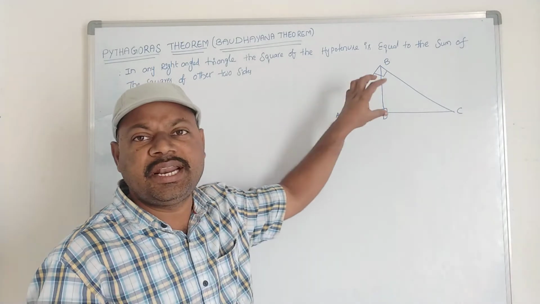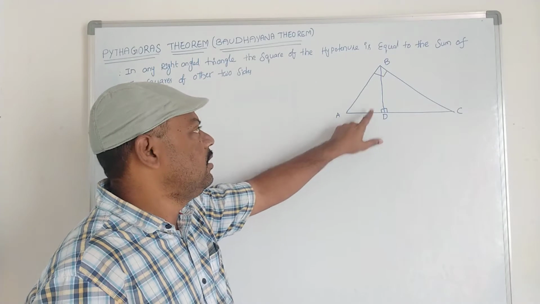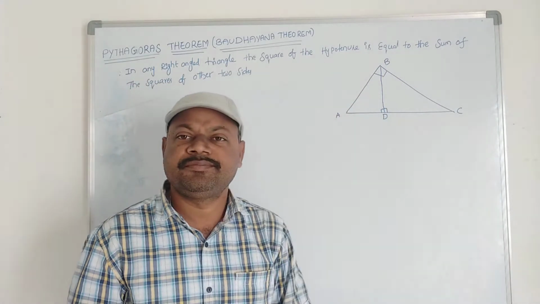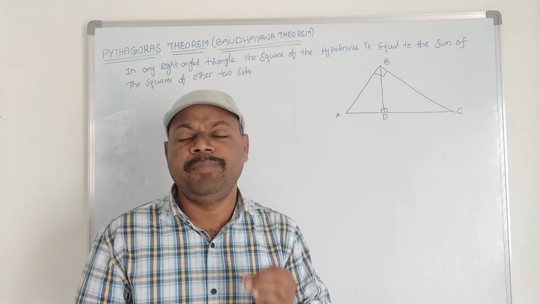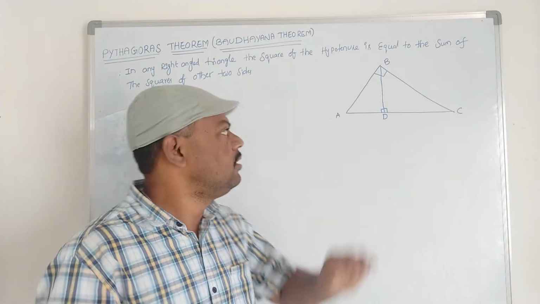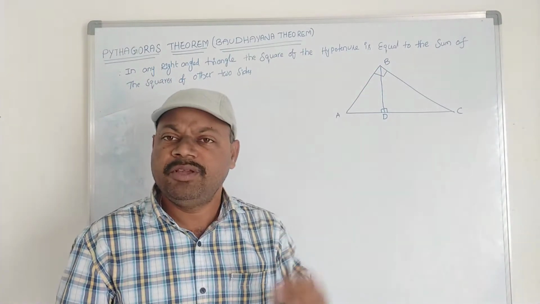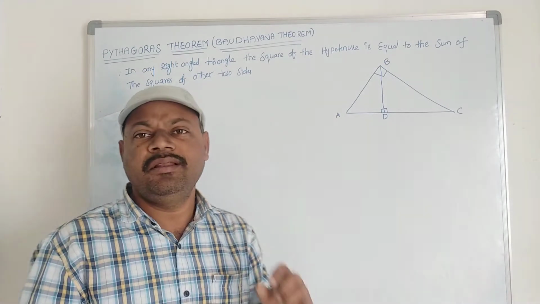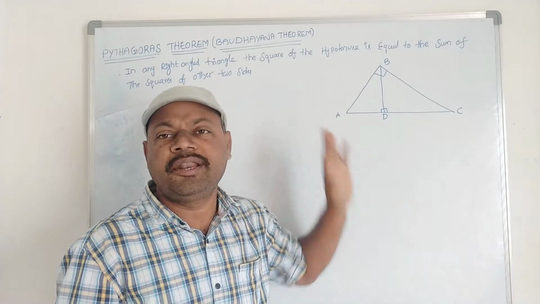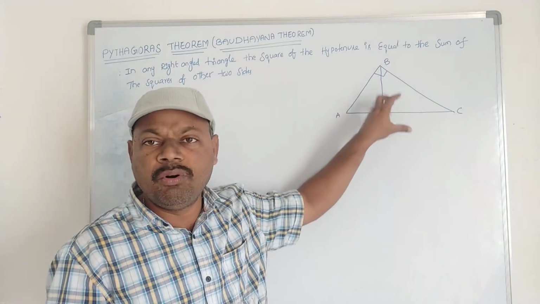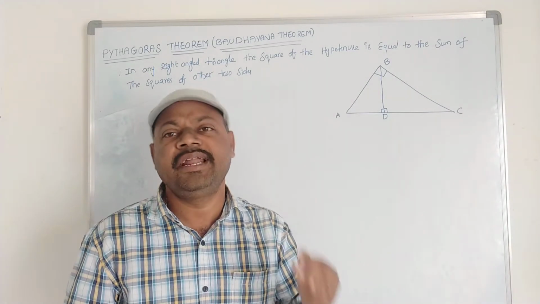So ABC is the right angle triangle, right angle is at B. Next, BD is perpendicular to AC. So the basic concept here is, if you draw a perpendicular line from the right angle vertex to its opposite hypotenuse, then the whole triangle ABC will be divided into two right angle triangles.